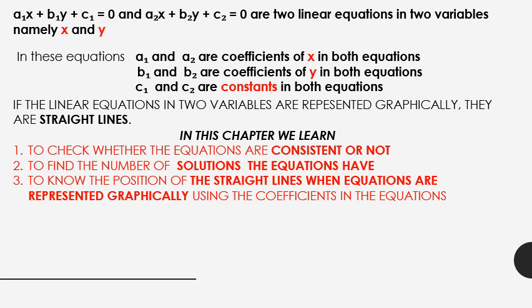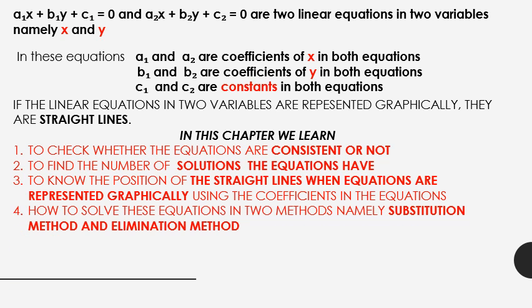And if the equations are represented graphically, what is the position of that straight lines? Next, how to solve these two equations? There are two methods which are elimination and substitution method. With these methods we solve the equations.